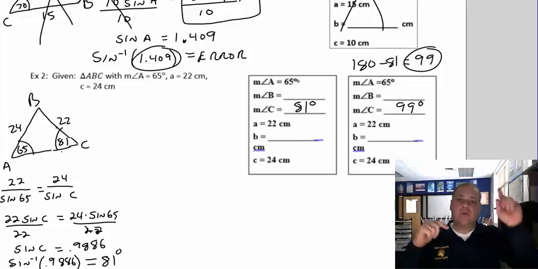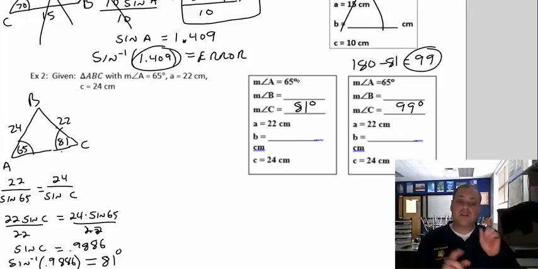The sine of 20 equals the sine of 160. The sine of 10 equals the sine of 170, right? So the sine of 81 equals the sine of 99. Type it in. They're both 0.9886. So, is this angle 81 or is it 99? We don't know. So we have an acute possible angle or an obtuse angle. There's two different triangles it could be.